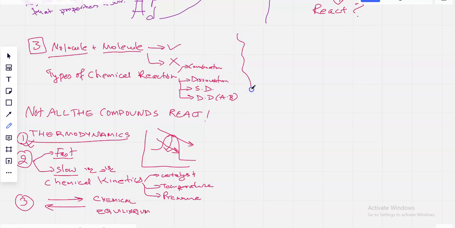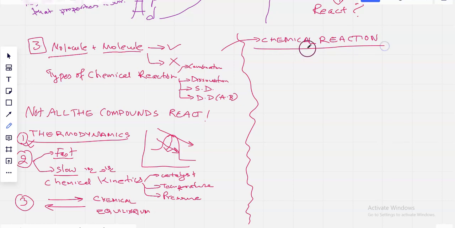I'm going to draw a line here. Since we're talking about chemical reactions here, at this particular point I'm going to talk about the fact that while most chemical reactions are happening, there is either loss of electron or gain of electron happening.